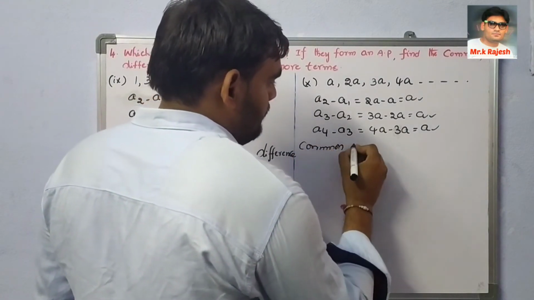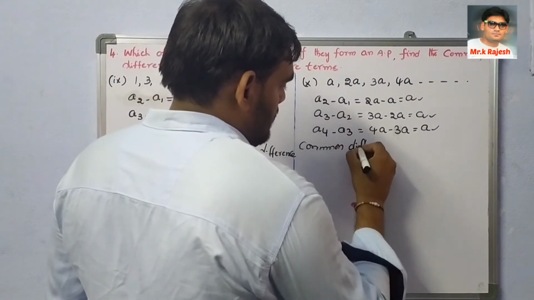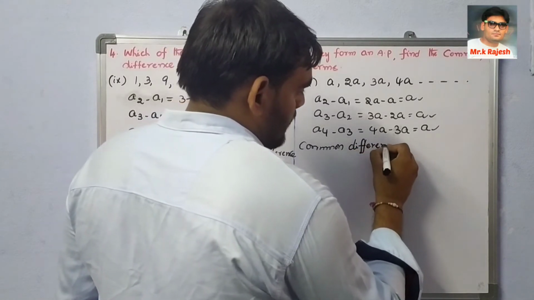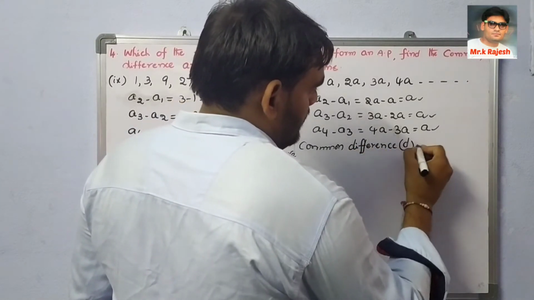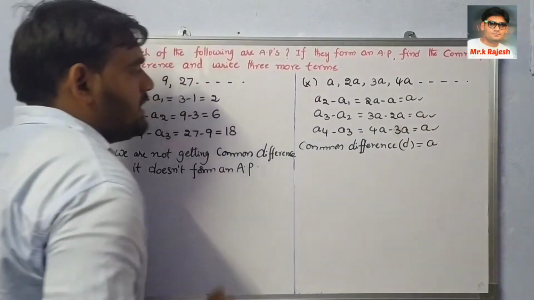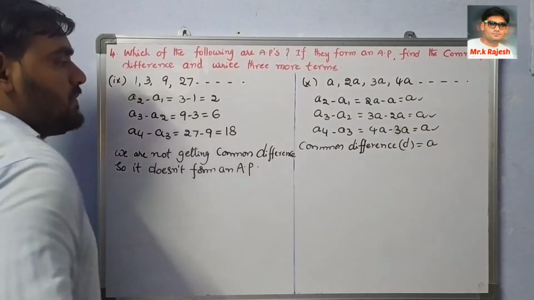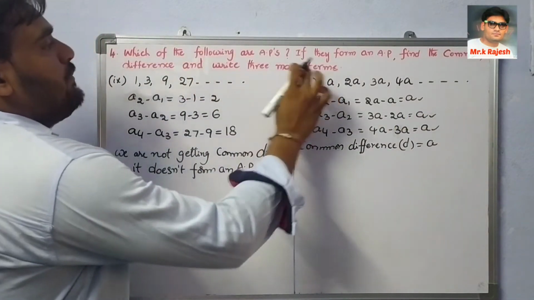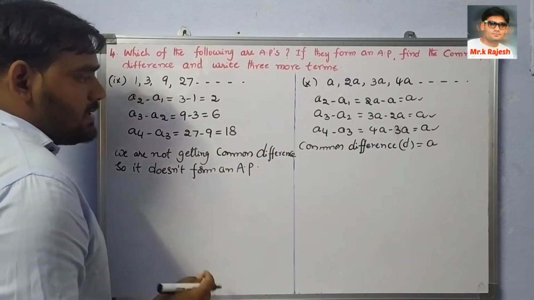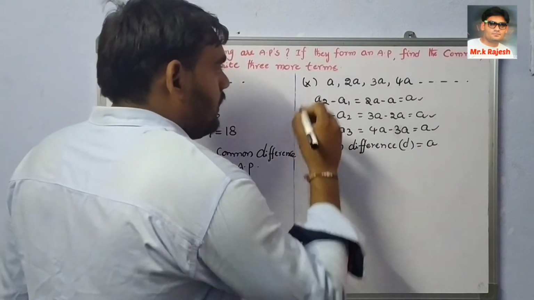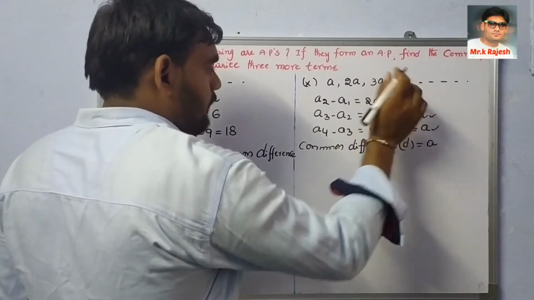Common difference D is equal to a. After that, in the problem they ask us to write three more terms. So here we have A1, A2, A3, A4.